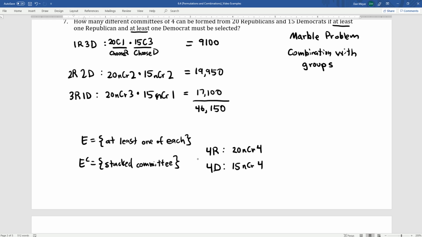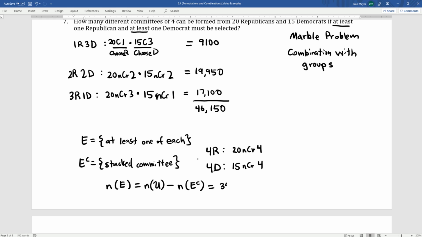So we're trying to find the number of things in our event using the complement formula, kind of rearranged. That'd be the number of things in the universal set minus the number of things in the complement. Now our universal set is all of the committees that can be formed.